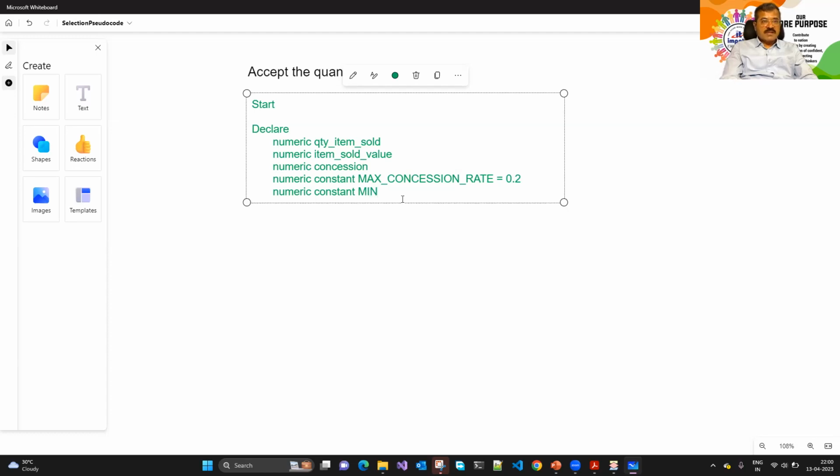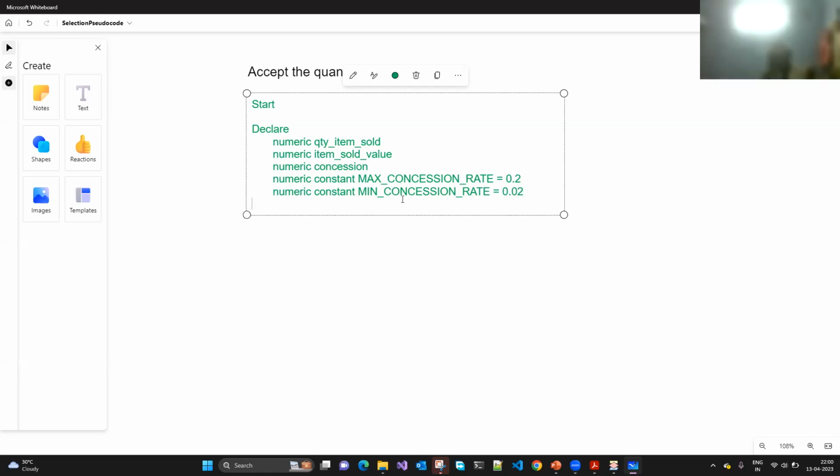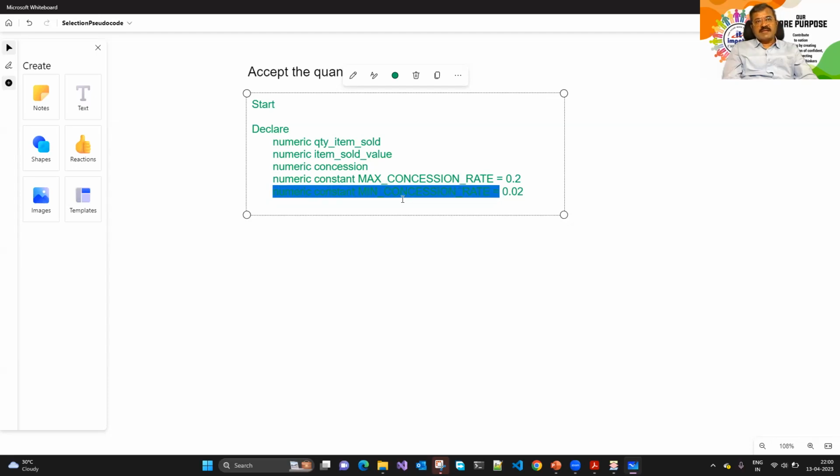What is the minimum concession rate? 2%, that is 0.02.